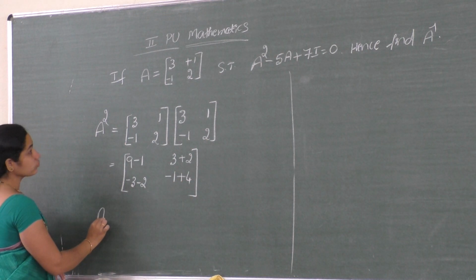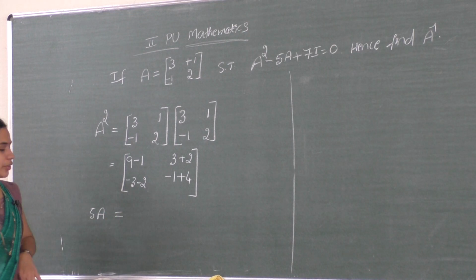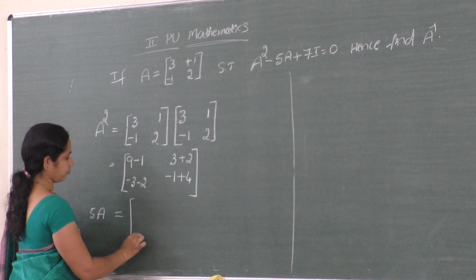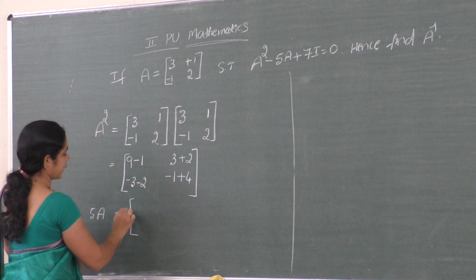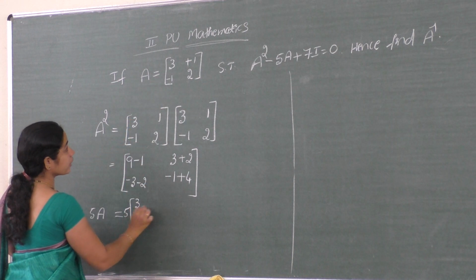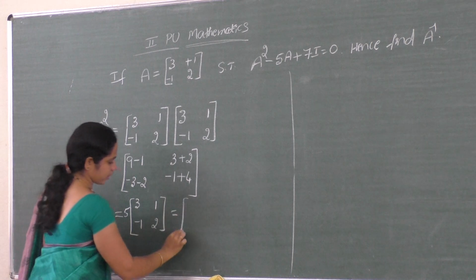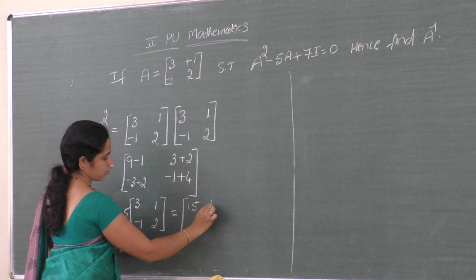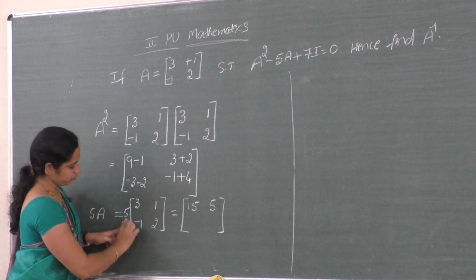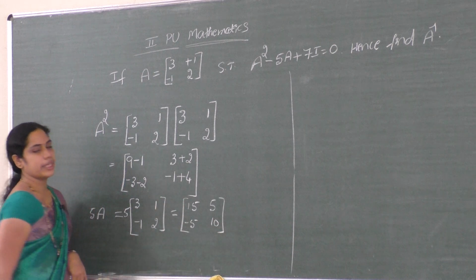Now, we need to find out 5A. 5A equal to 5 into A. A is [3, 1; -1, 2]. This is equal to 15, 5 into 1, 5, minus 5, 5 into 2, 10.